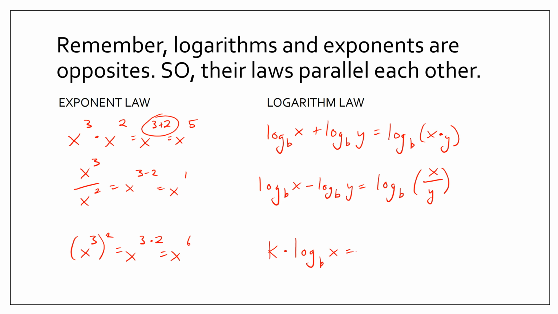What I can do, this is my favorite log law, is I can write log base b of x to the power of k. So basically what's happening here is this k that was a multiplier or a coefficient, multiplying the logarithm, I can take it and put it inside as an exponent. Pretty neat. So here are our three log laws. Definitely write these down.